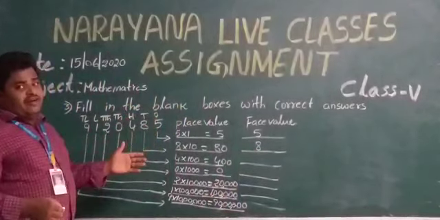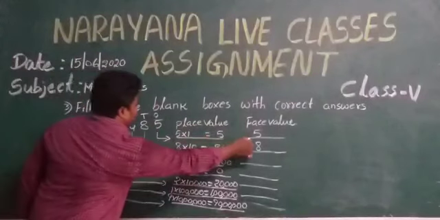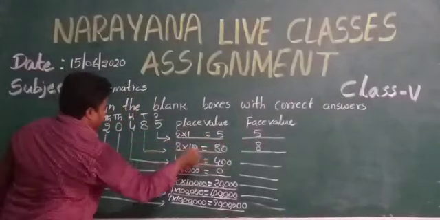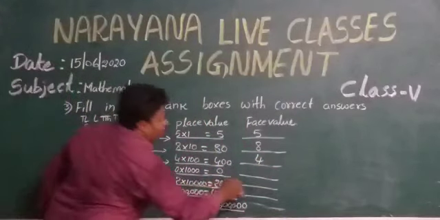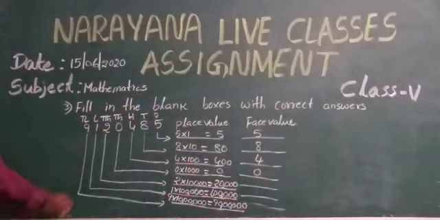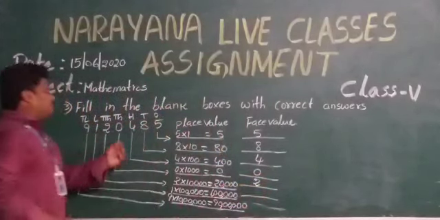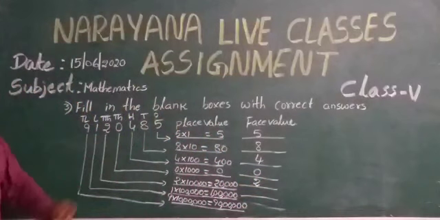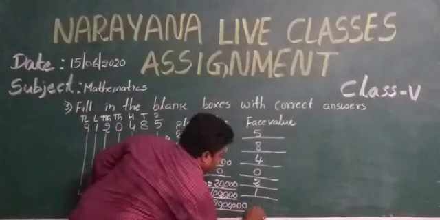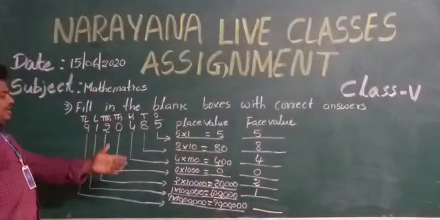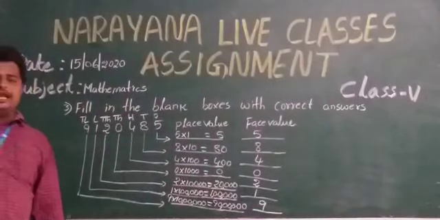In the same way, the face value of a digit never changes, it is the digit itself. 5 face value is 5, 8 face value is 8, 4 face value is 4, 0 face value is 0, 2 face value is 2, 1 face value is 1, 9 face value is 9. Okay, is it clear?